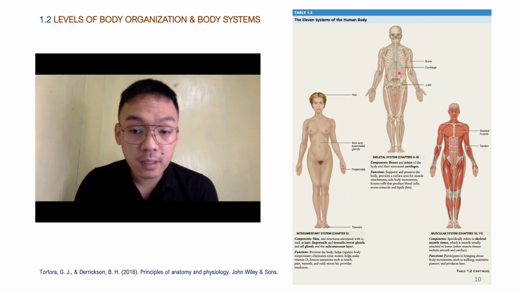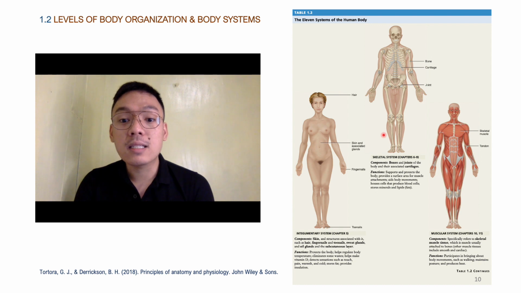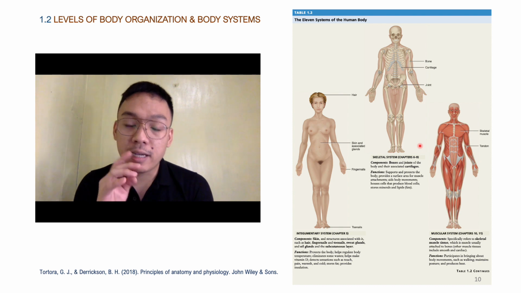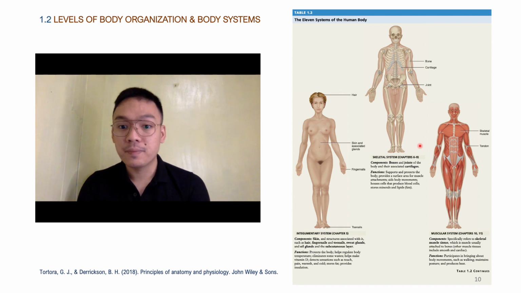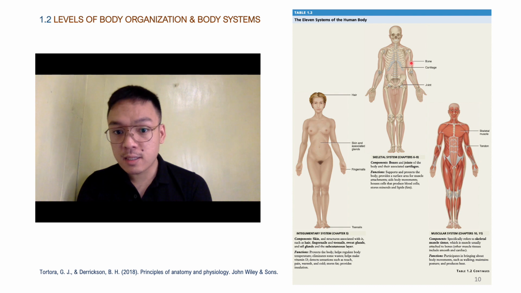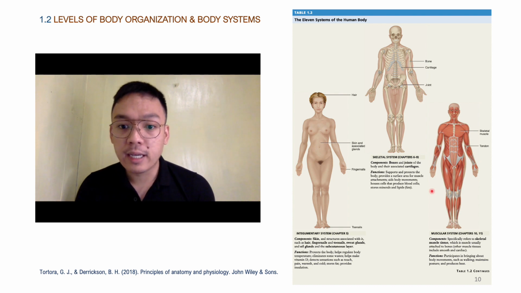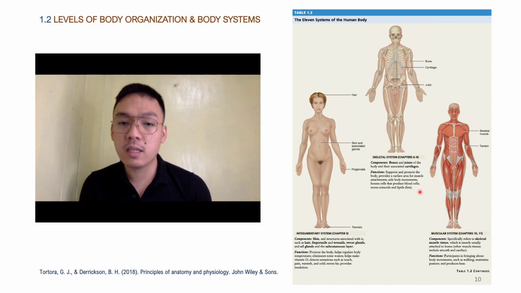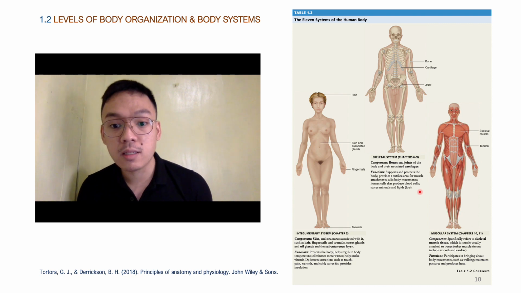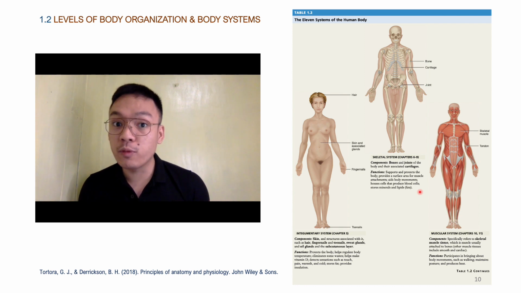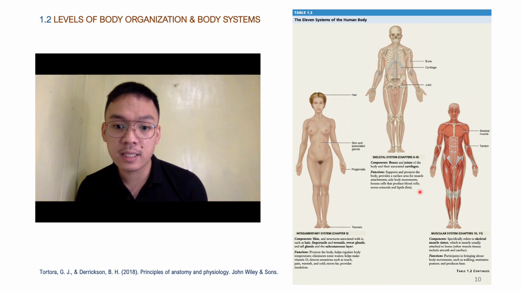In the middle, we have the skeletal system, which is composed of the bones, the joints, and their associated cartilage. What are the functions of the skeletal system? It supports and creates a framework for your body, provides a surface area for muscle attachments, and aids your body movements.